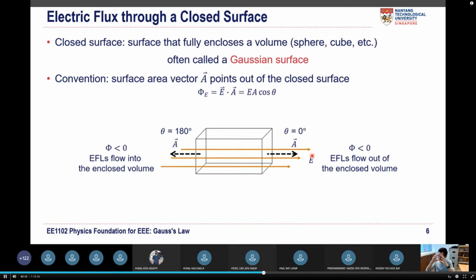So if you have net negative charge, there will be lines that terminate inside this closed volume, and there will be lines that pass through. By understanding how many lines terminated there, we can calculate how much charge is inside. Or if we know how much net charge is inside, we can find out how many lines will terminate or begin inside this enclosed surface.